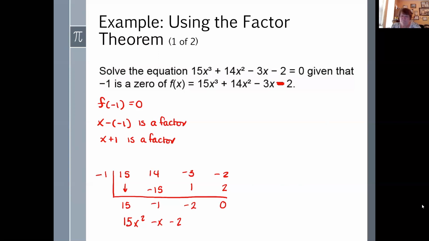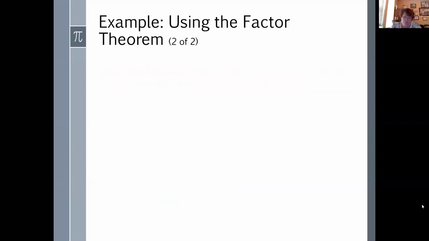All right? So now we have the 15x to the third plus 14x squared minus 3x minus 2 factors to x plus 1 times our quotient, 15x squared minus x minus 2.